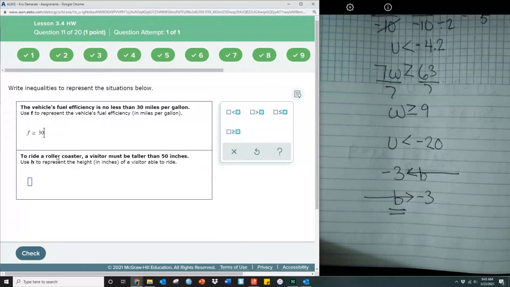All right. To ride a roller coaster, a visitor must be taller than 50 inches. So the height of the person must be taller than 50 inches.